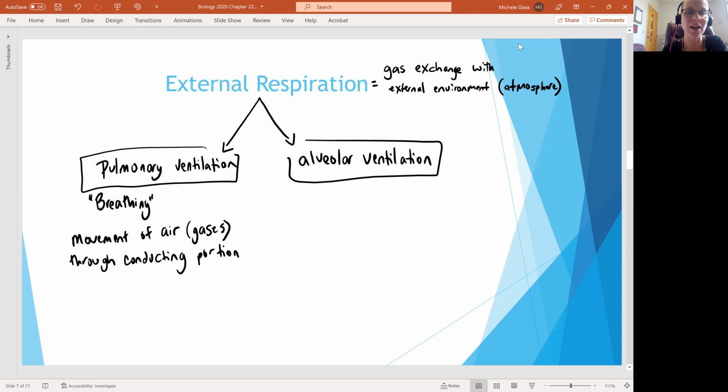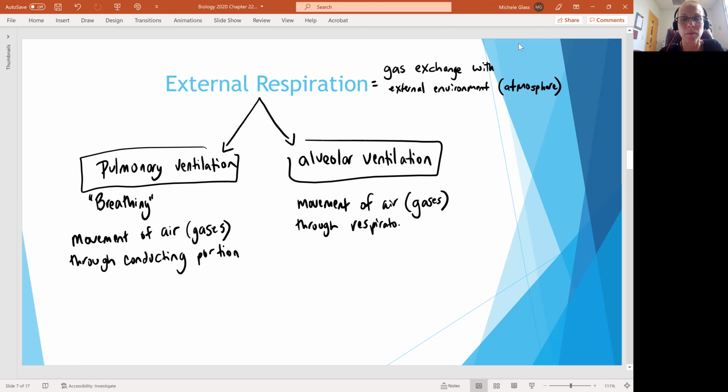When we talk about alveolar ventilation, this is going to be movement of air, or we can say gases, through the respiratory portion, which, remember, are the respiratory bronchioles and the alveoli.